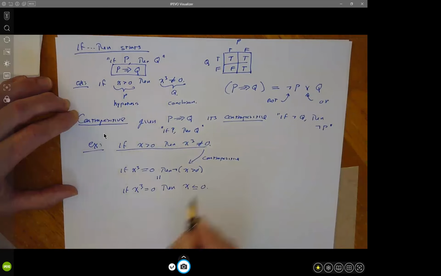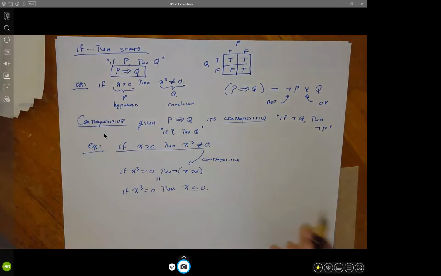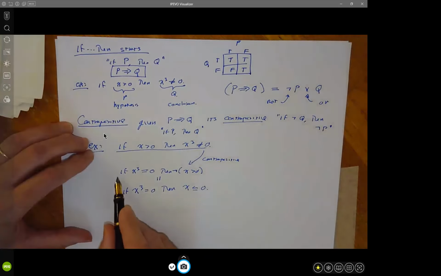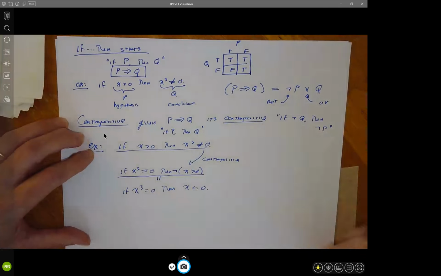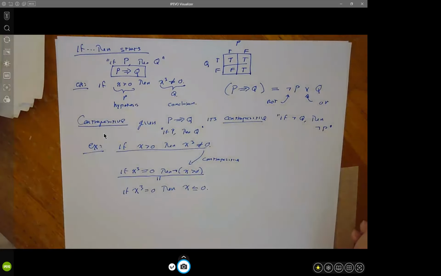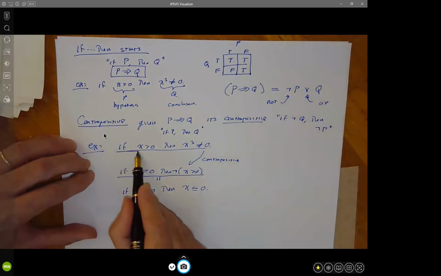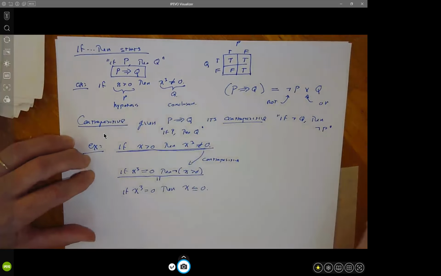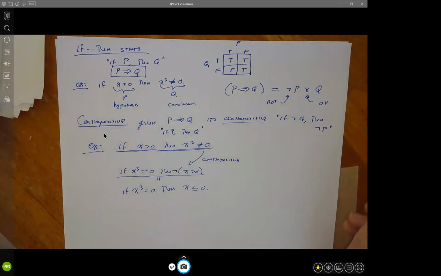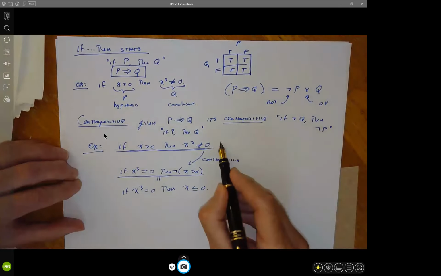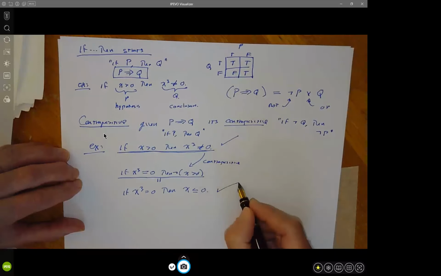And I think it's fairly easy to see in this case that if the original statement is true, that is this top line statement here, if x is greater than 0, then x cubed is not equal to 0, and indeed it is, it's quite clear to see that the contrapositive is always true in this case. Namely, if this statement here is correct, then this statement here is correct.